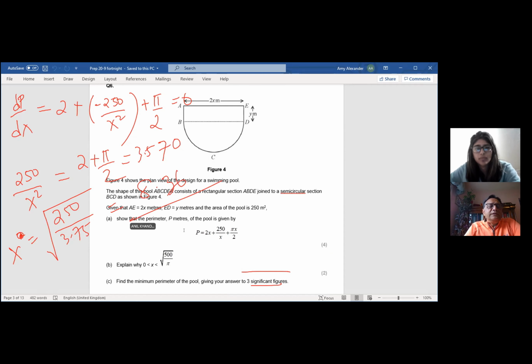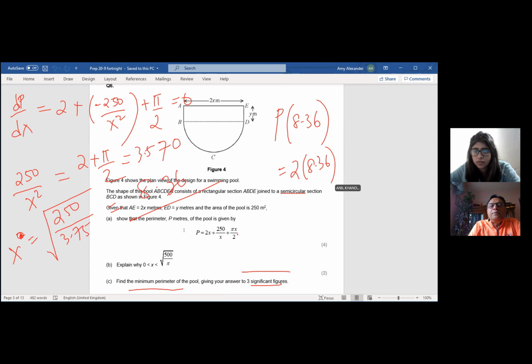So 8.36 is the value of x, but you need to find the minimum perimeter, right? So substitute 8.36 here. So perimeter for x equals 8.36: 2 times 8.36 plus 250 over 8.36 plus pi times 8.36 divided by 2.